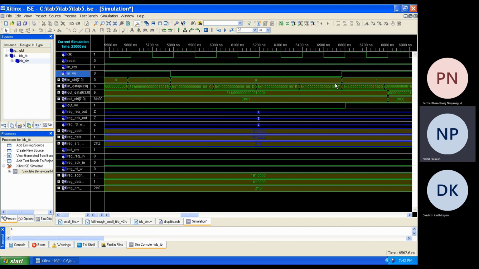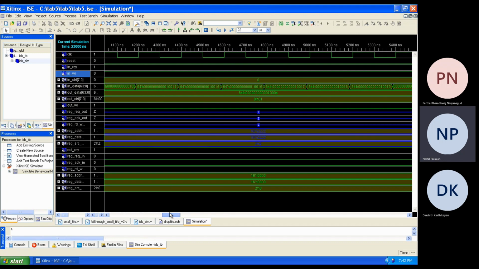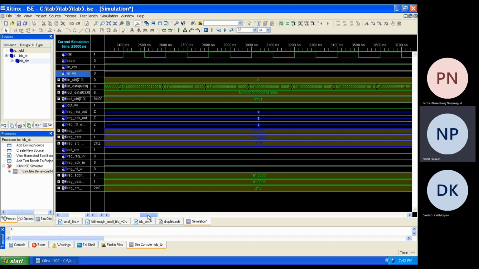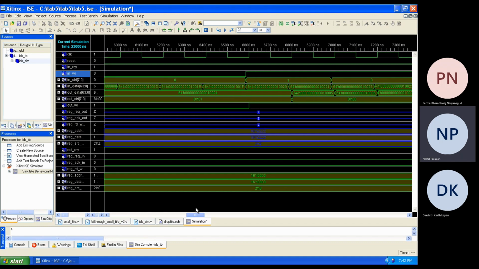So after a few clock cycles, that data starts coming in. In this data packet, none of the words actually match our pattern, right? This is the pattern we were looking for. So ideally, we should not get any interruption. We should get all the data packets.